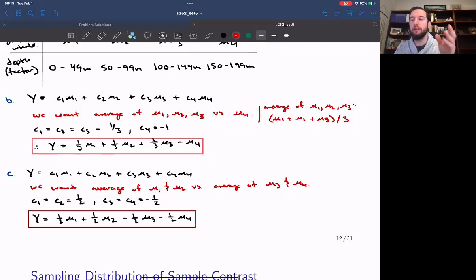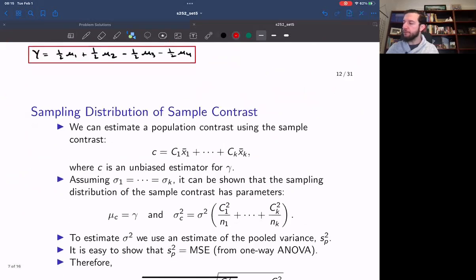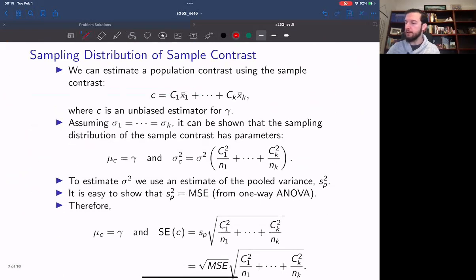So what we are doing is conducting inference about the population contrast directly. So this process is going to follow very closely what we had done in lecture sets 1 and 2. Maybe more so in lecture set 2 because of the form of the interval and the form of the test. But this is not all that different from what we have seen in our study of inference and hypothesis testing so far.